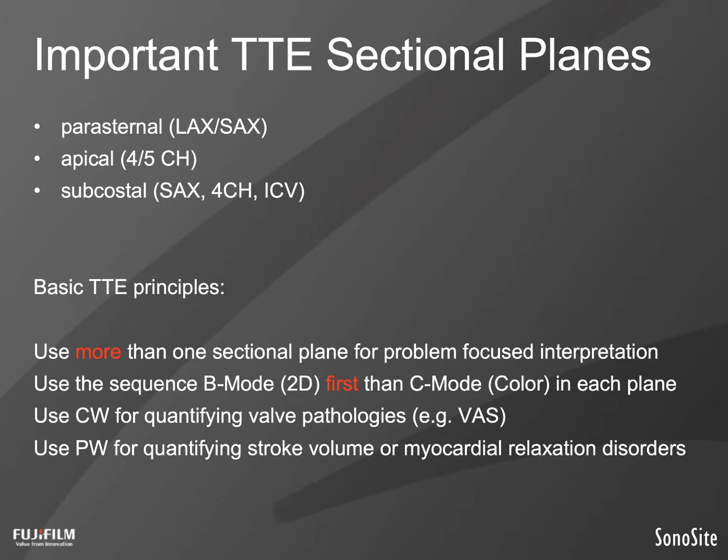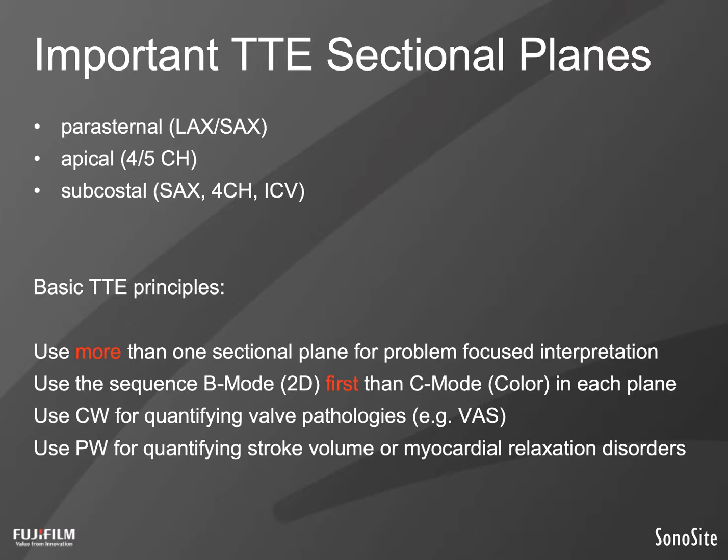But remember, you always have to use the sequence B mode first and then C mode to evaluate possible valve pathologies. If you have a suspicion of valvular pathologies, you may use CW for quantifying if applicable. For inexperienced users, it's sometimes hard to differentiate CW and PW, but it's quite simple.